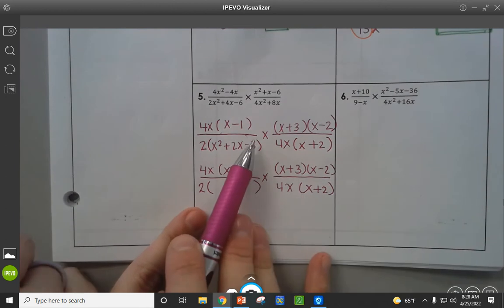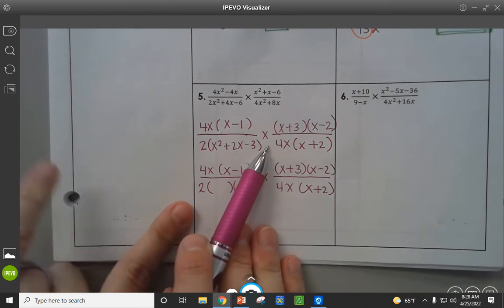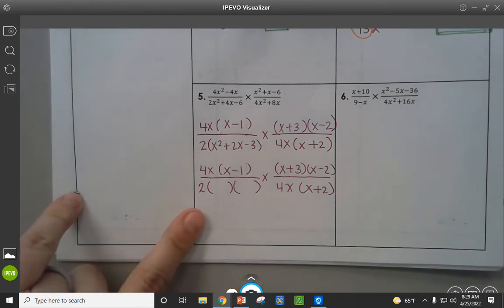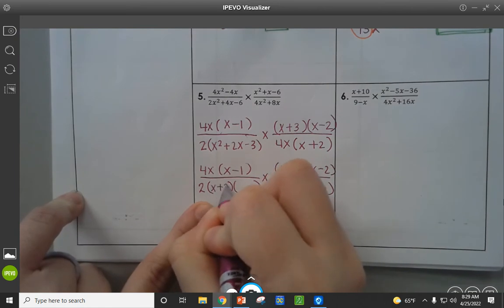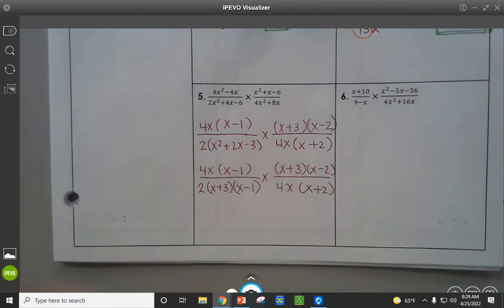So what two numbers multiply to be negative 3 and add to be positive 2? 3 and negative 1. So x plus 3, x minus 1.